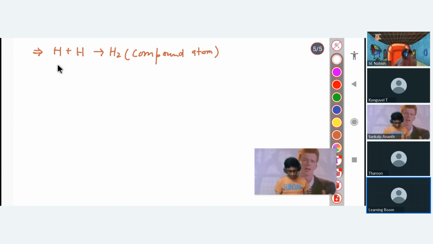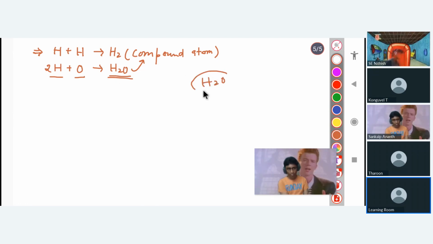I will tell you. Now, similarly, for example, this is my hydrogen atom. Let's say they combine with the oxygen atom, they form again the compound atom. Let's say it is H2O. This is the compound atom also. Now, your question is that he told that atom can neither be created nor be destroyed. So you think that water has been created here. It is just formed when this hydrogen and oxygen get combined.